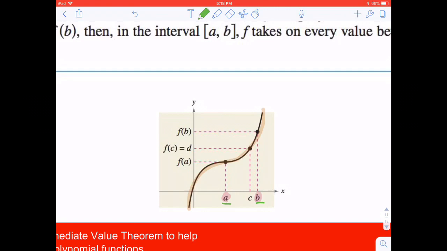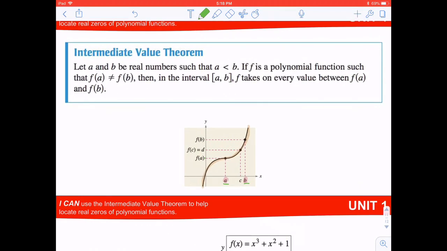And so what this theorem says is if f is a polynomial function such that f of a is not equal to f of b, well, we see it there, then in the interval from a to b, so the interval from a to b is just this section right here, what we see in between a and b for x, then in the interval, f takes on every value between f of a and f of b.